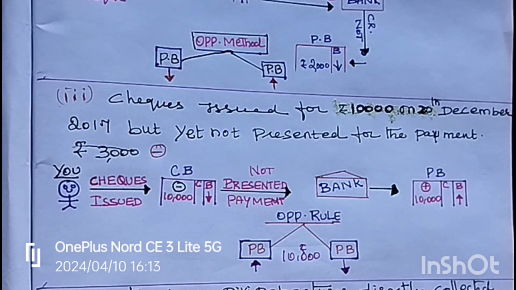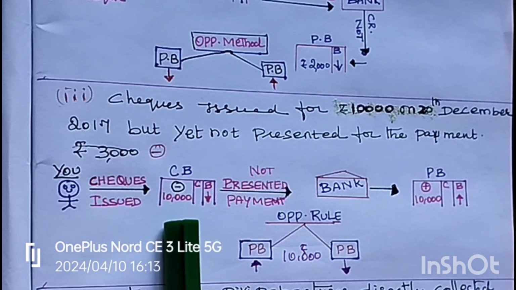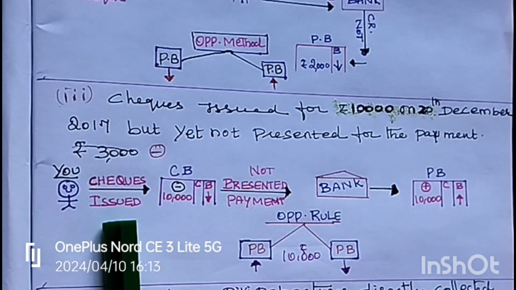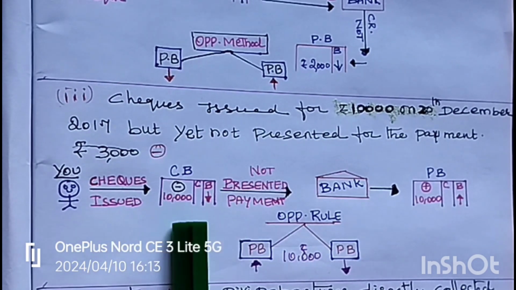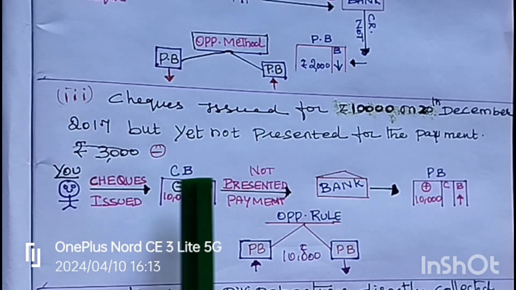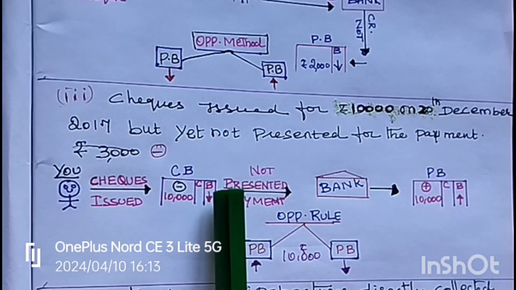Cash payment through check, how much? 10,000 rupees. What do you do now? After issuing the 10,000 rupees check, it is immediately entered on the payment side of the cash book, in the bank column.